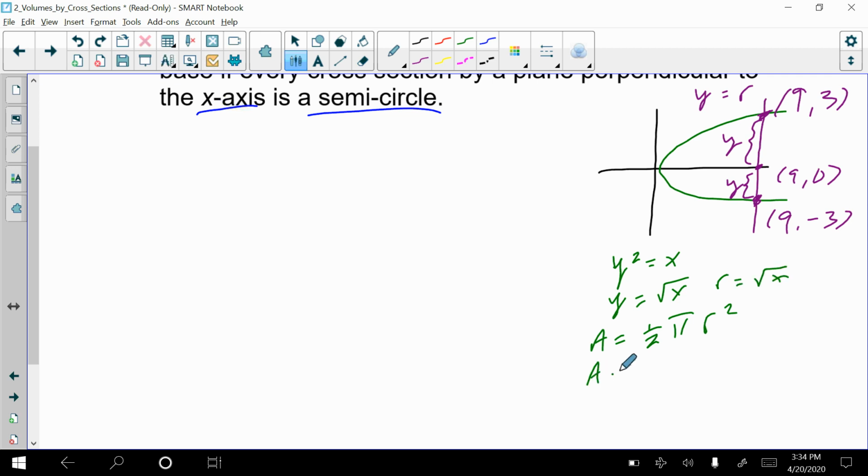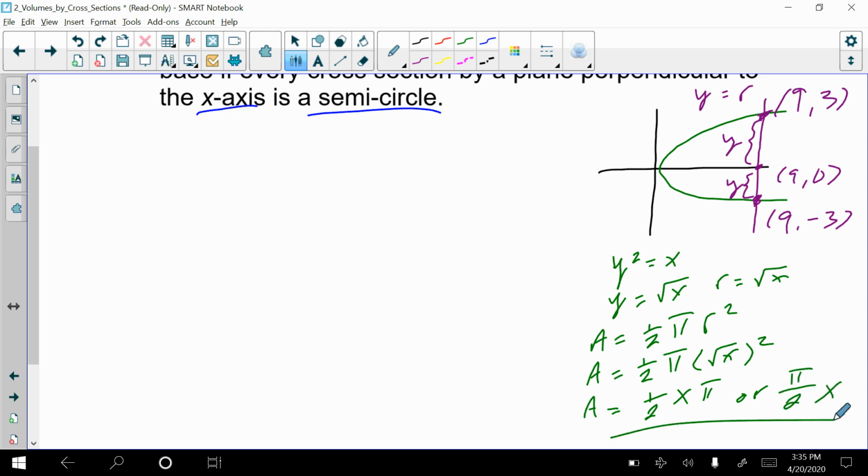This will give us 1/2 pi times the square root of x squared, and that simplifies to 1/2 x times pi, or pi over 2 times x, however you want to look at it. So that's the area of the semicircle shape that we're going to be looking at for this particular function.